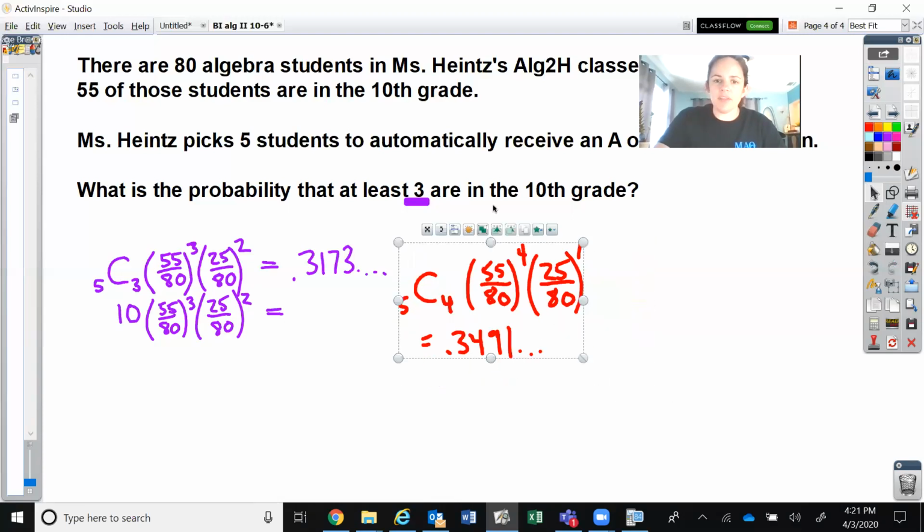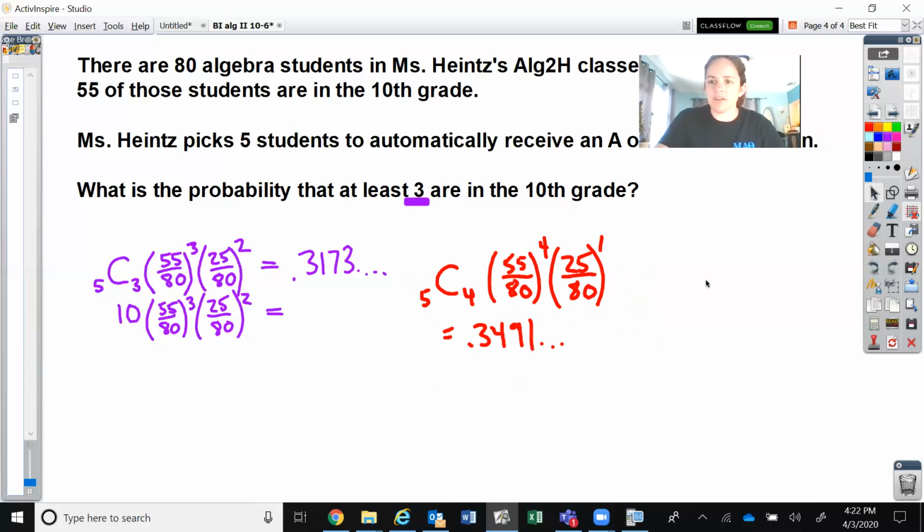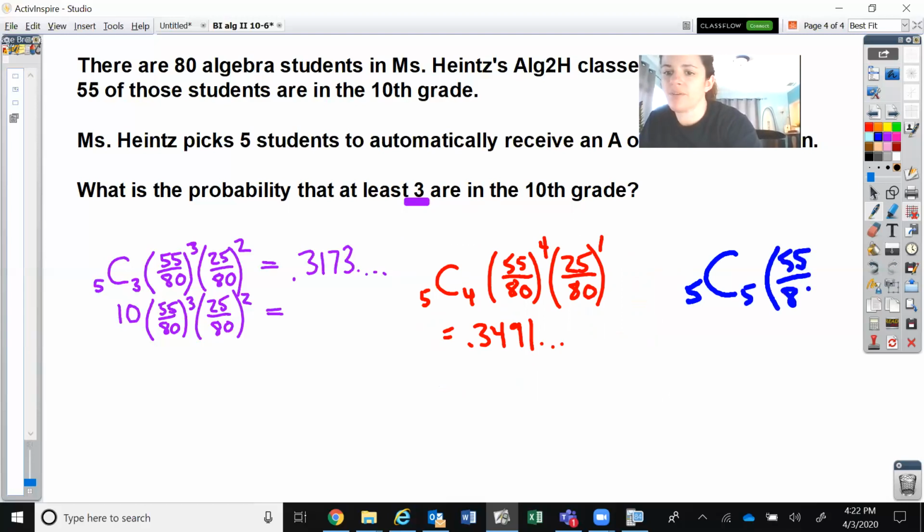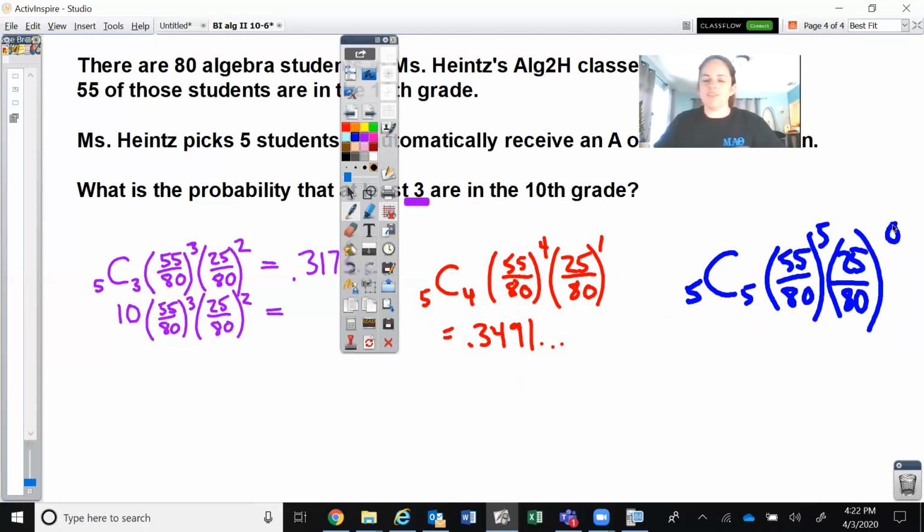And then I need also the probability of picking all 5 10th graders. Well, I can set it up on my formula if I wanted to, but that would be 5 choose 5. And then I'd need 55/80ths. I'd need 5 of those. And then I'd need 25/80ths. I would need 0 of those. And so you can see that this is 5 choose 5, which is 1.